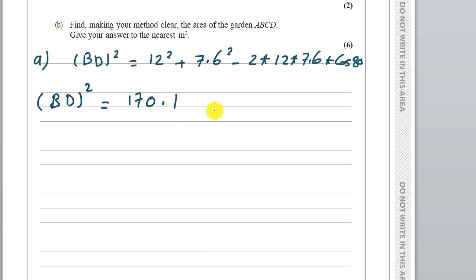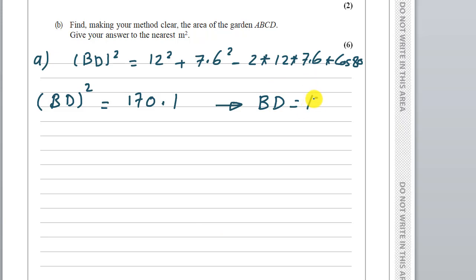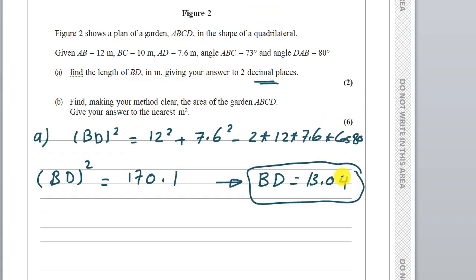170.1. So from here, BD is equal to the square root of the answer, which is equal to 13.04. This is the answer to 2 decimal places.